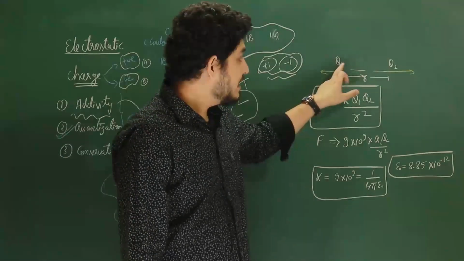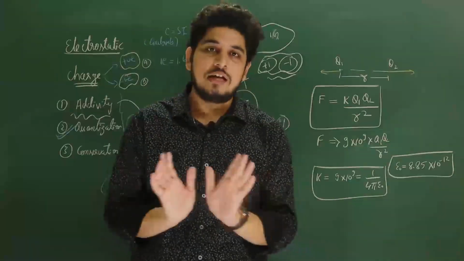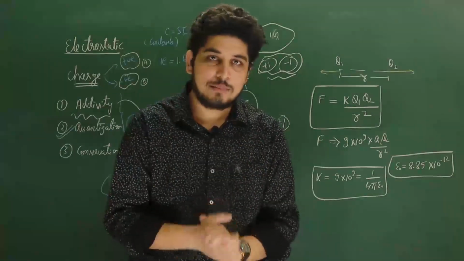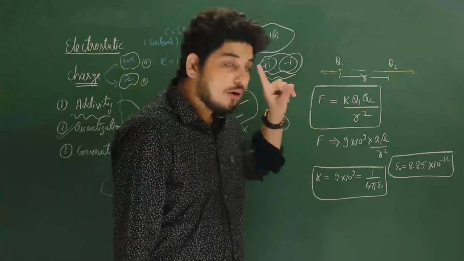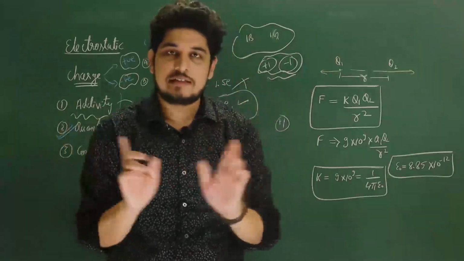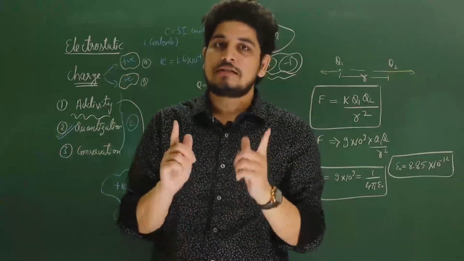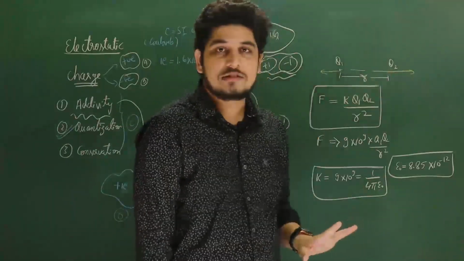If plus and minus, they attract each other. If minus and minus, they repel each other. Plus and plus repel each other. Getting my point? Opposite attract, similar repel, and valid only for point charges.